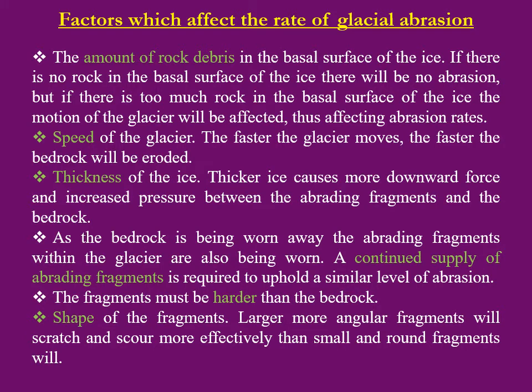Now, the factors which affect the rate of glacial abrasion. First is the amount of rock debris. As I already told you, the sediments carried within the glacial ice mass, that is the rock fragments or rock debris, their amount matters, they are the basic tools. These rock fragments are the tools by which glacial abrasion is mainly done. So depending on their amount, the rate of abrasion will also depend.